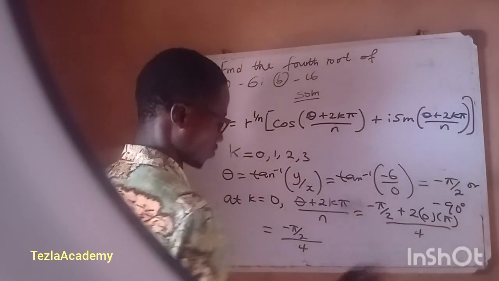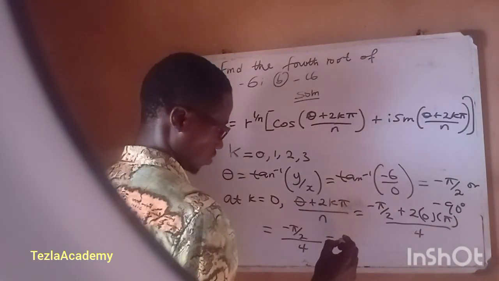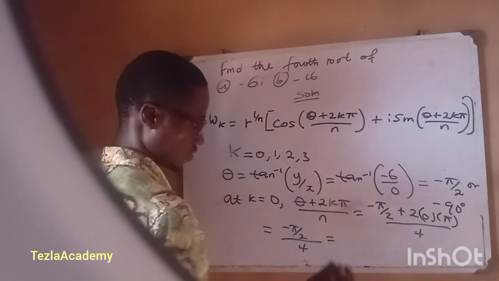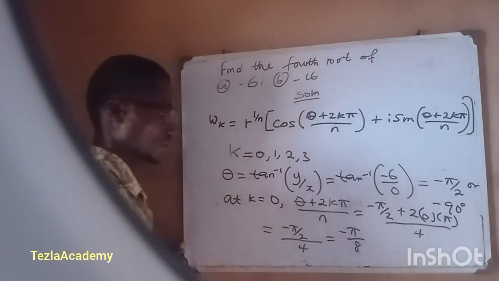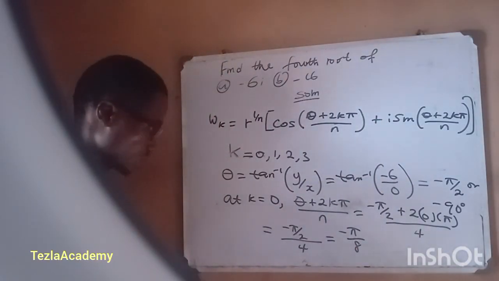This is 0, so it will go. So this equals, same thing as saying 4 times 2, so you have 8, minus pi over 8. So we are putting the first angle.